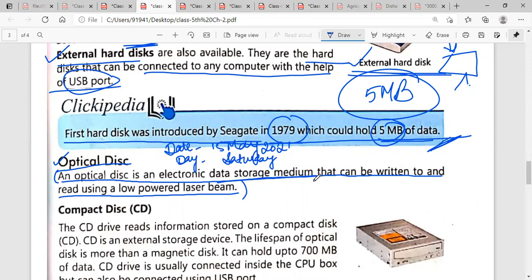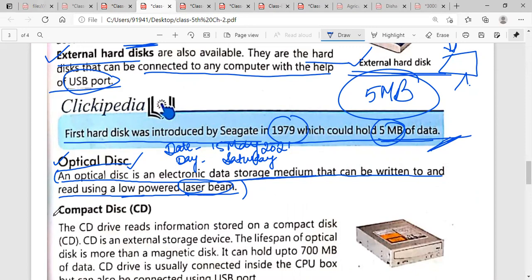You can store your pictures and videos, which can be written to and read. In case of an optical disc, we use a laser beam. Underline this word, laser beam. We use a laser beam to perform read and write operations.